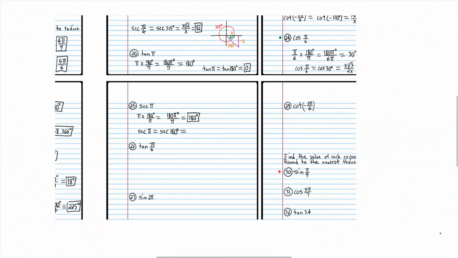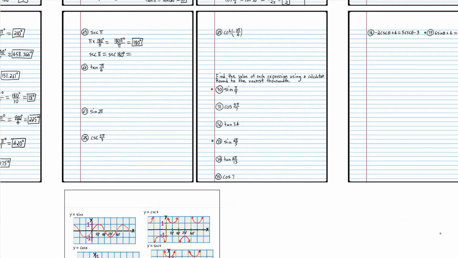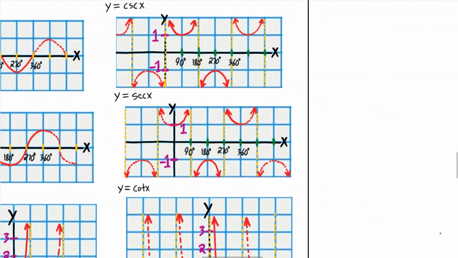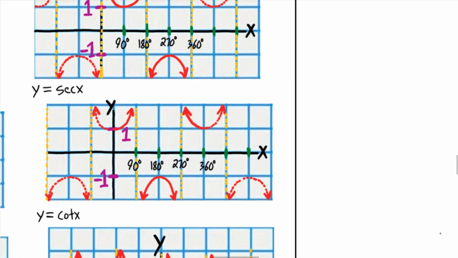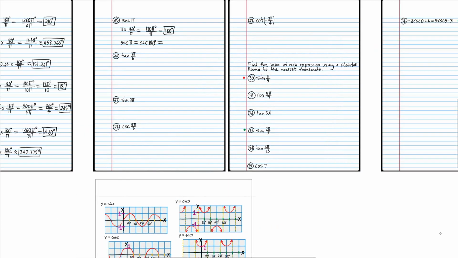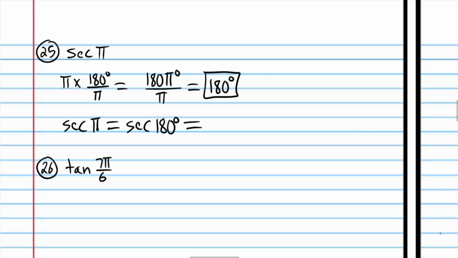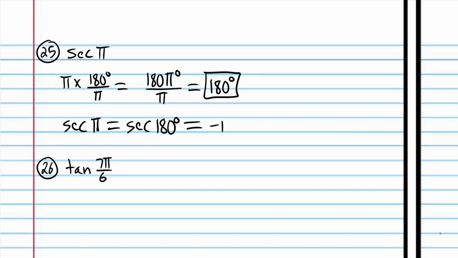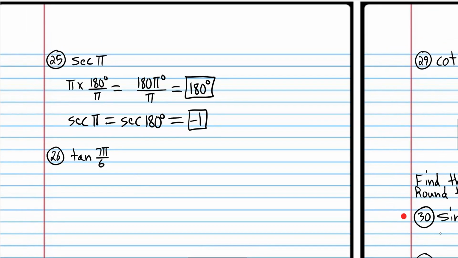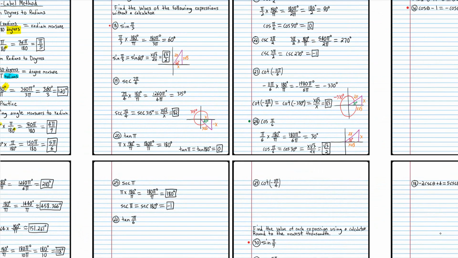So to do that, we have to go to our secant graph and find 180 degrees. So we count out 2, we've got 180, and what is the corresponding point? This is the corresponding point. So the y value is secant 180 degrees, and that is -1. So secant pi is -1. So if you got that right, perfect. Try number 26, and when you come back, we'll do it together.